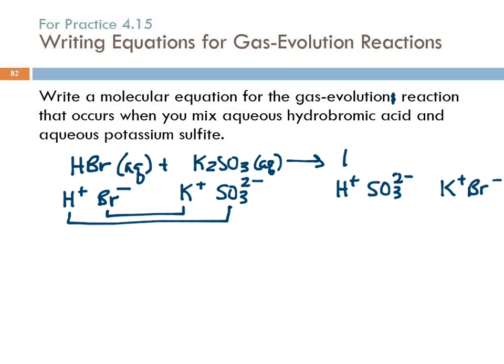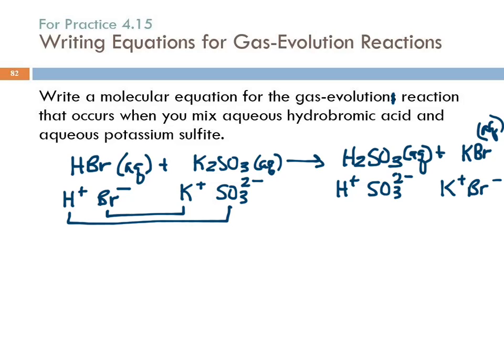So let's put this together. This is H2SO3. Is that going to be soluble, do you think? It is. How about KBr? Soluble or insoluble? Soluble. Potassium. All potassium things are soluble. And when you see this guy, your brain should go ding, ding, ding.